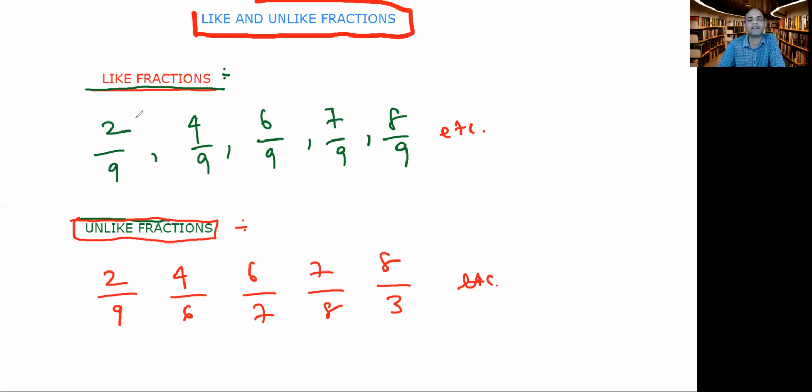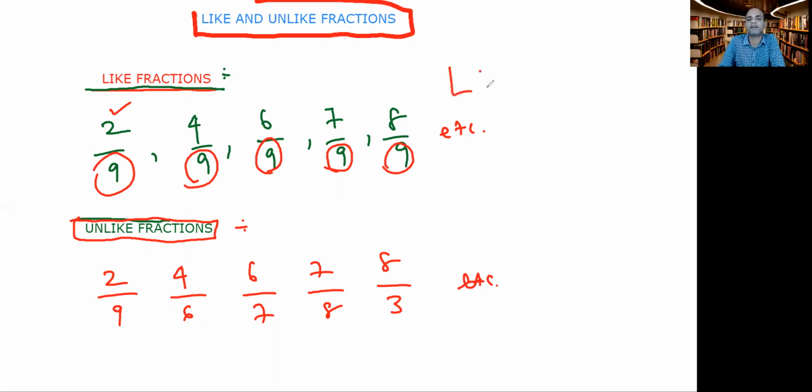Take one example: 2 by 9, 4 by 9, 6 by 9, 7 by 9, 8 by 9. Here you can see one thing is common among them. In every case the denominator is the same, that is 9. You can take any fractions of your choice, with different numerators but the same denominator. Those are called like fractions.